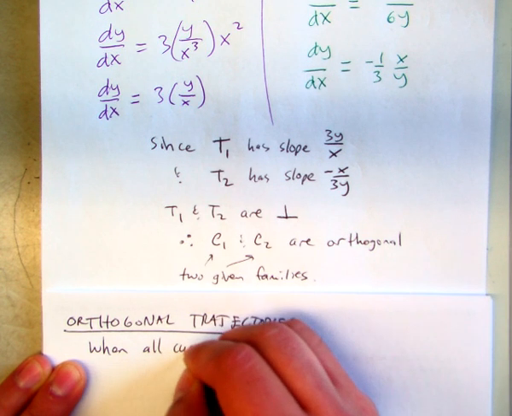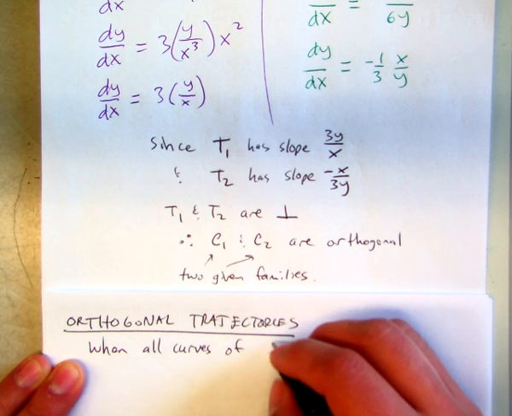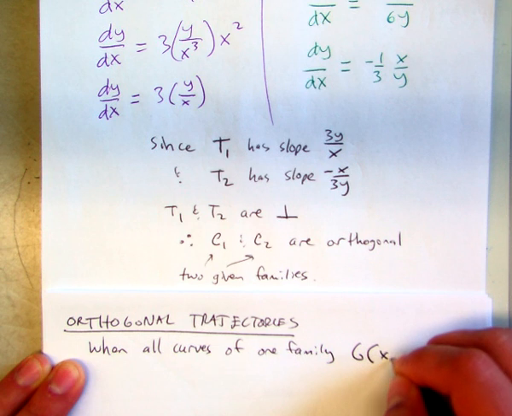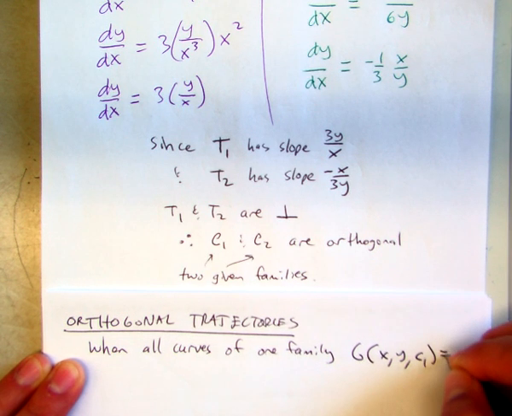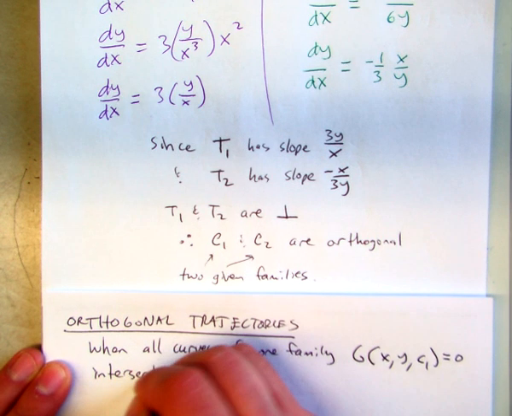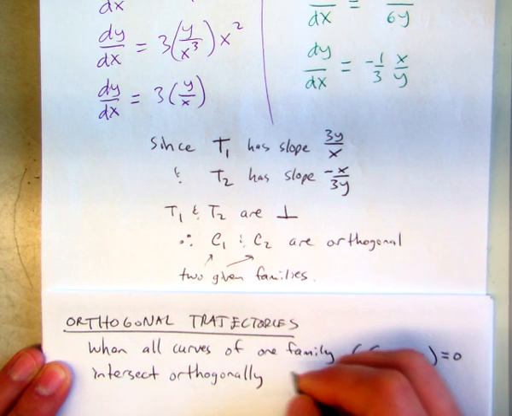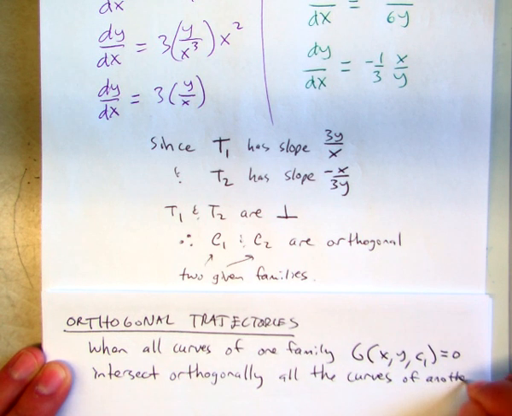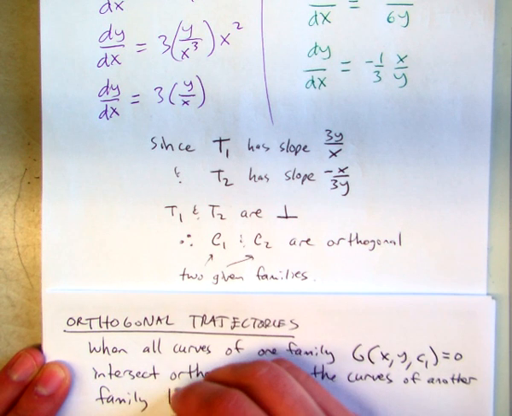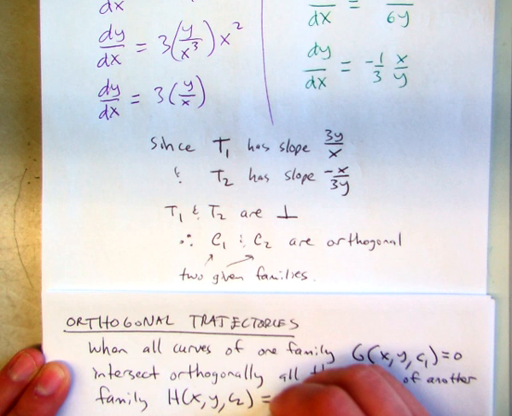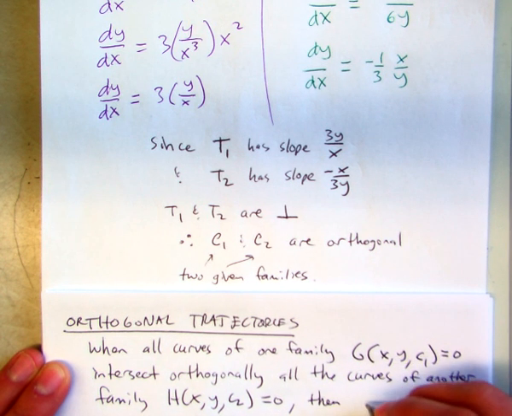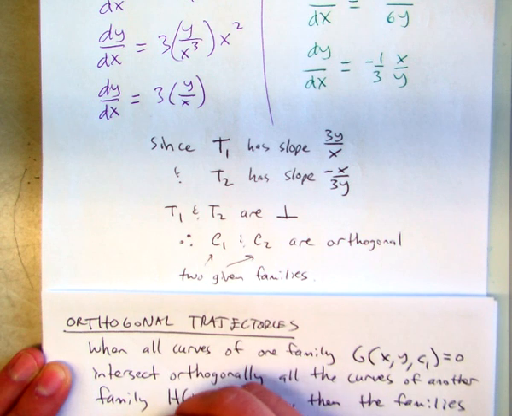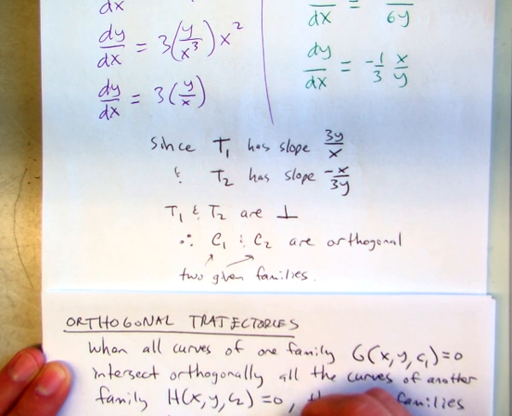When all curves of one family, let's call it G of x, y, and parameter c1 equal to 0, intersect orthogonally all the curves of another family, we'll call it H of x, y, and another parameter c2 equal to 0, then we say that the families are orthogonal trajectories of each other.